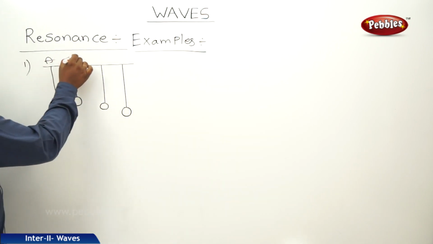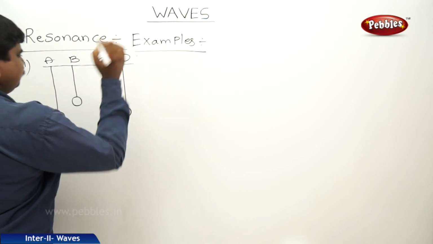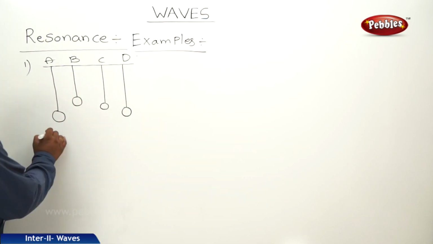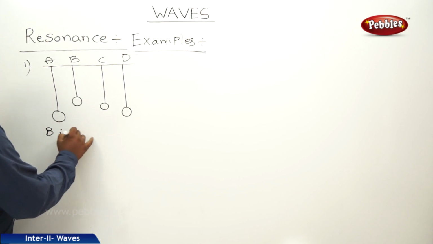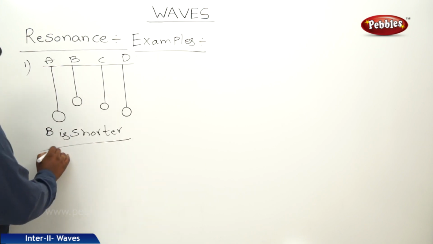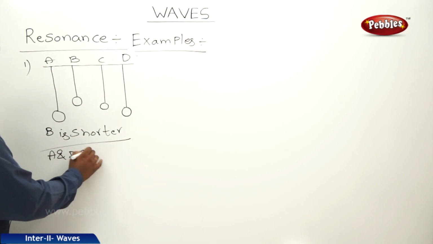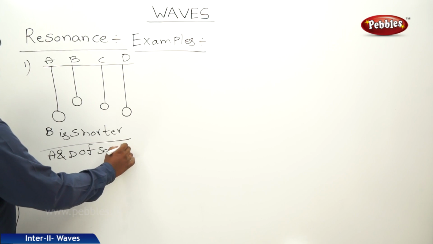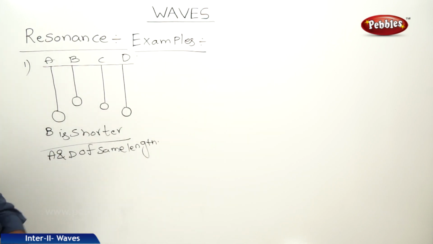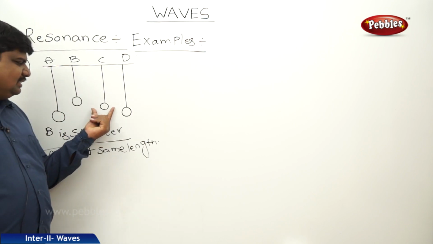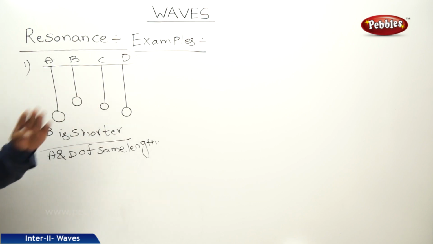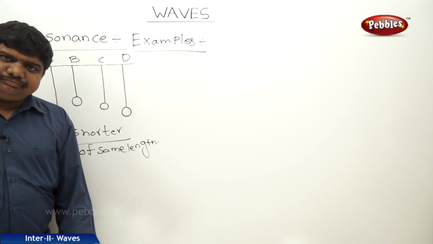A, B, C, D. We know that B is shorter than all, because the diagram was given like that. A and D are of the same length. C has a moderate length, an average value in between A, B, D.